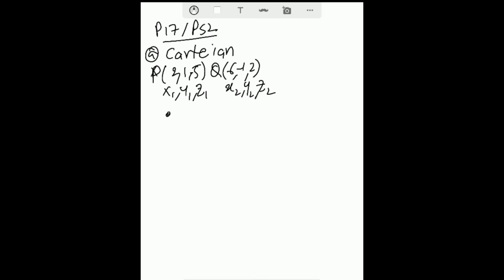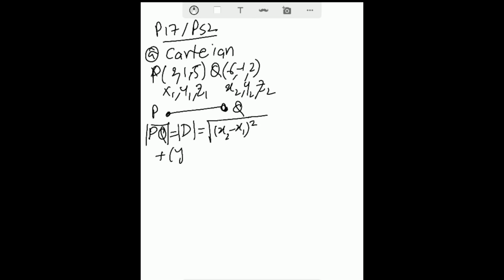So the distance between the 2 points P and Q in the Cartesian system, the magnitude, is equal to the square root of (x2 minus x1) squared plus (y2 minus y1) squared plus (z2 minus z1) squared, and the whole thing is under the square root.